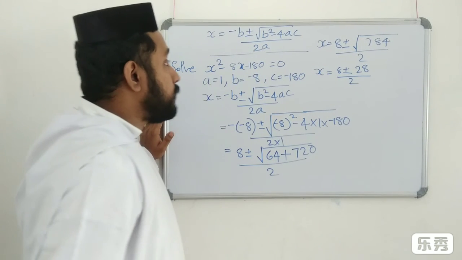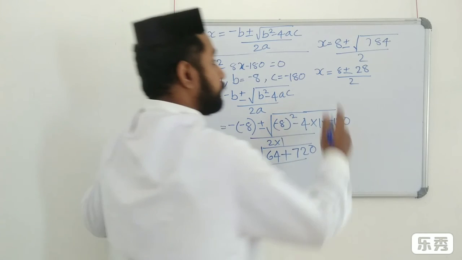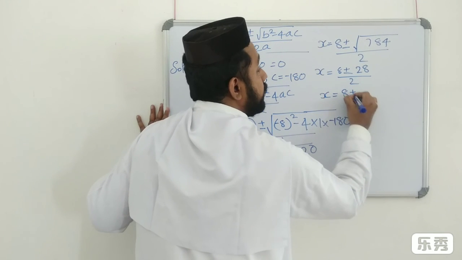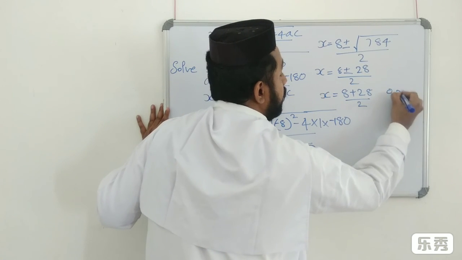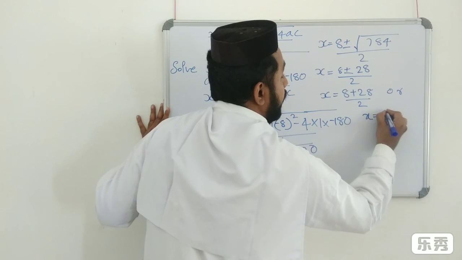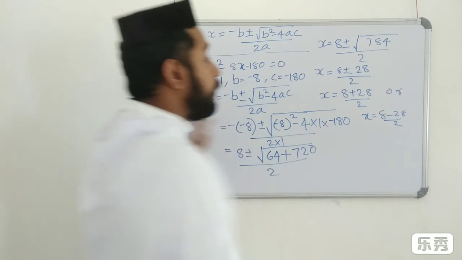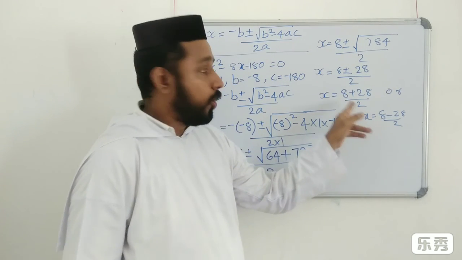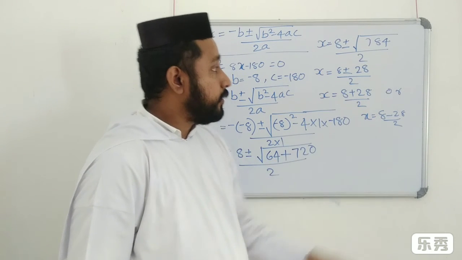So we got two values. X is equal to 8 plus 28 by 2, or x is equal to 8 minus 28 by 2.